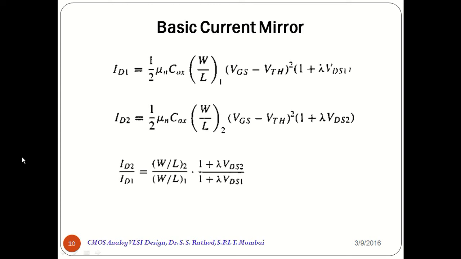Now you divide ID2 by ID1. So 1 by 2 gets cancelled, mu n C naught x also gets cancelled. So there will be W by L of 2 by W by L of 1, VGS minus VTH also gets cancelled, and hence there will be 1 plus lambda VDS2 by 1 plus lambda VDS1. Please note that VDS1 is equal to VGS1 is equal to VGS2.